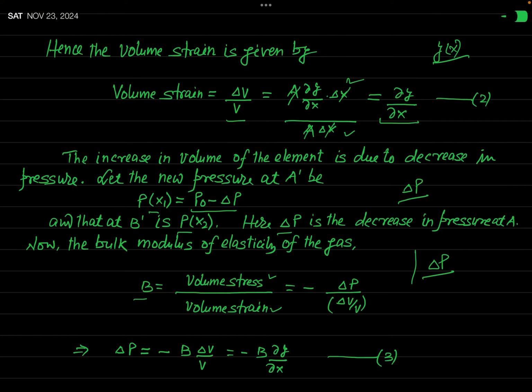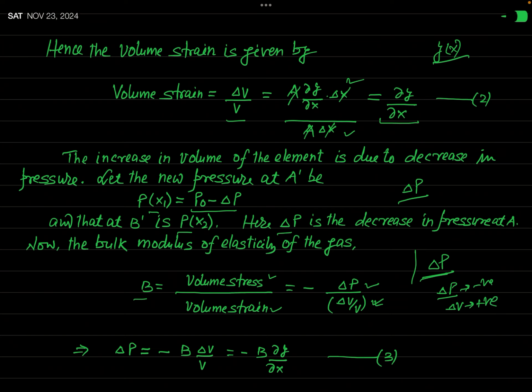As you know, volume stress is simply the change in pressure, so this will be equal to delta P. And volume strain is the change in volume by the original volume. But when this pressure decreases, it means delta P is negative, then volume increases. So when delta P is negative, delta V is positive.